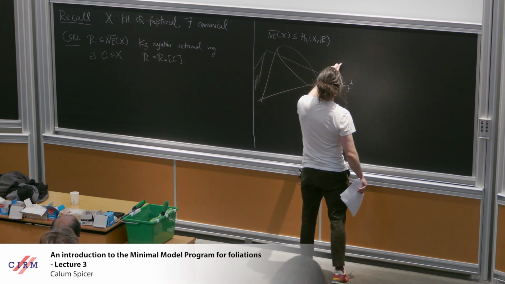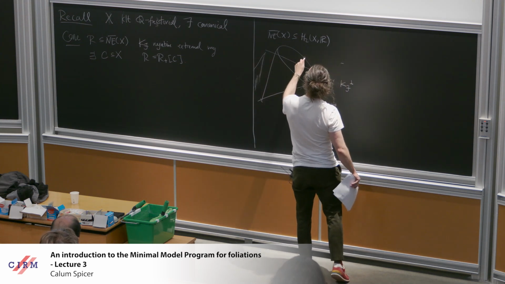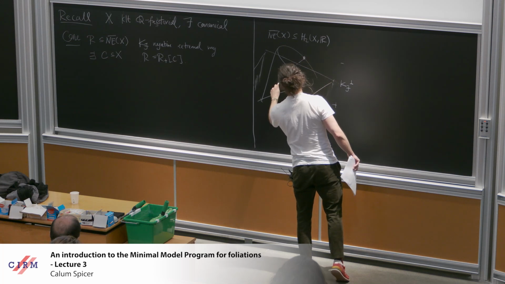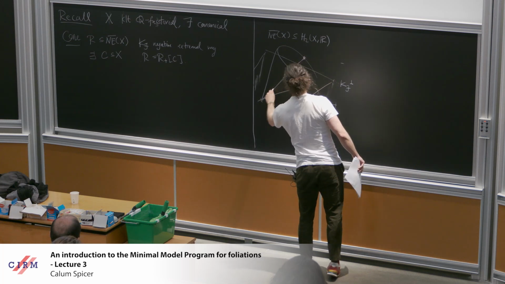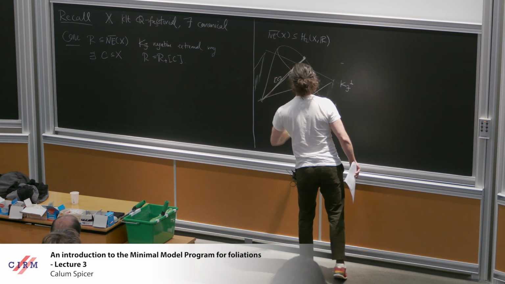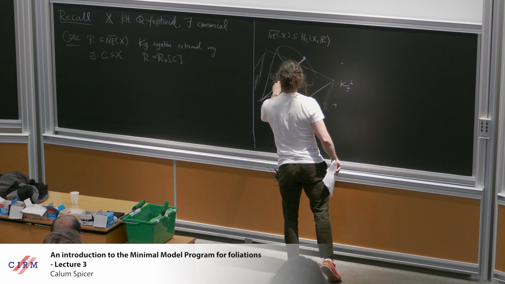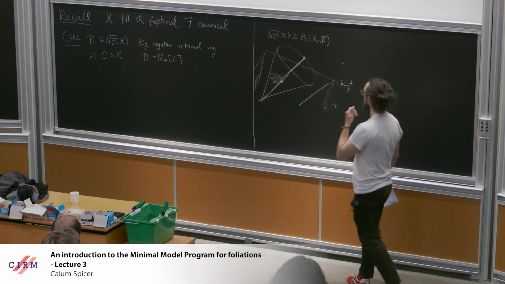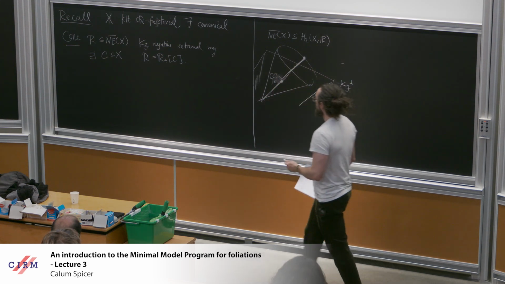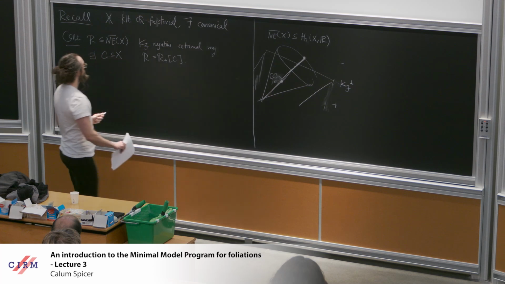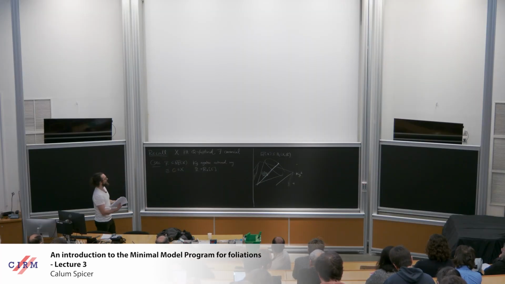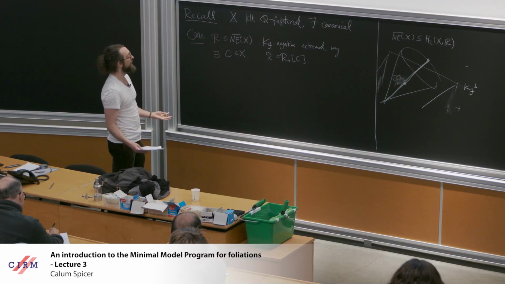If it's negative on this side and positive on this side, and I have a ray here, then inside this ray there's a curve C. So this was the cone theorem. Again, it's just saying that if K_F fails to be Nef, there's a reason for it to fail to be Nef, and that's going to be a particular kind of curve.